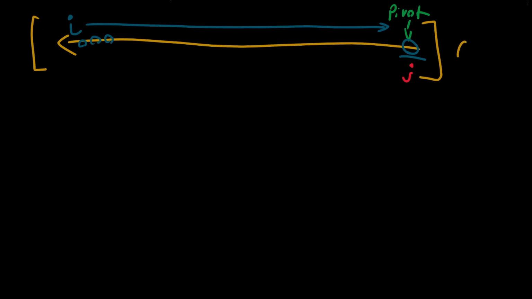And by the time we're done, we're only going to have this last element sorted. So when we make our new partition, we're just going to make it n minus 1, excluding the previous pivot, because this portion is already sorted.